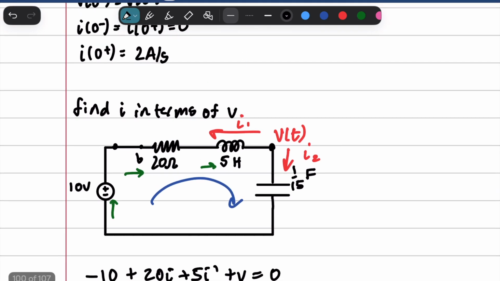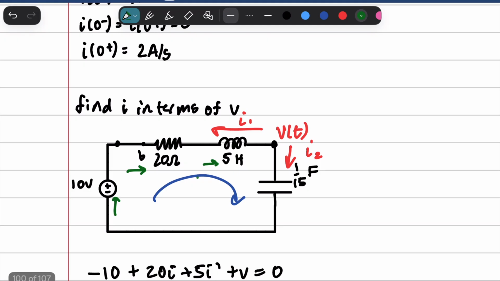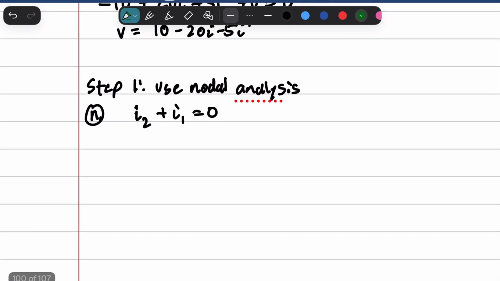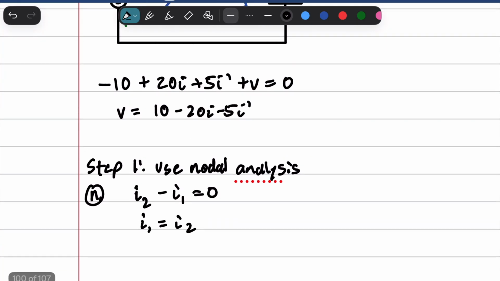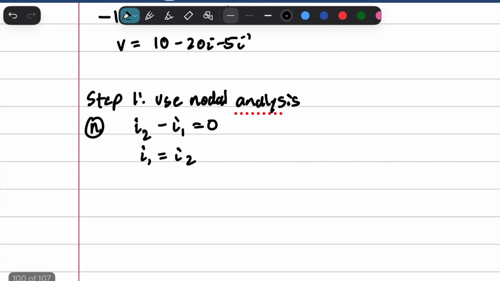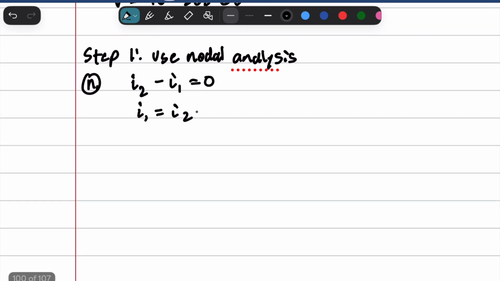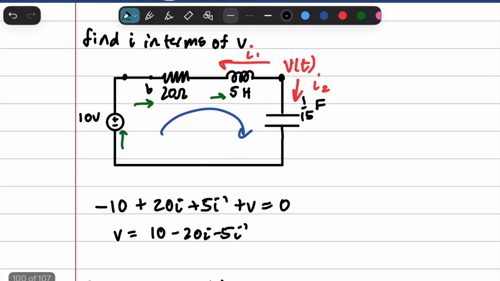But here's the thing. We just denoted it to being this way, right? This is the actual physical interpretation, but the nodal analysis calls for us to do it this way. So this is actually going to have to be minus I1 right here. And so we get that I1 is equal to I2. We can simplify this further because we know what I2 is.